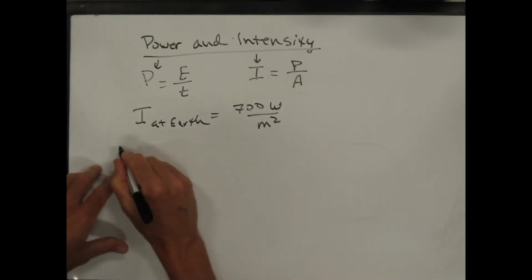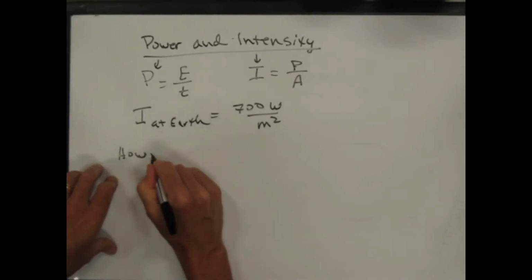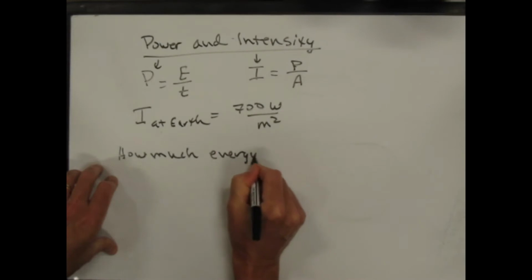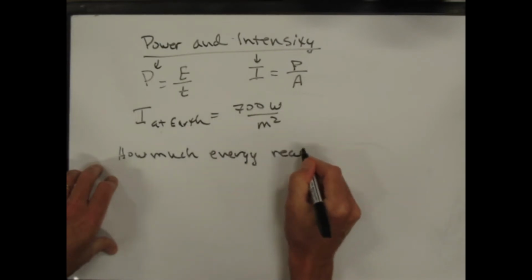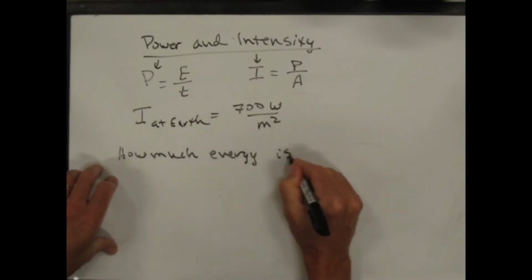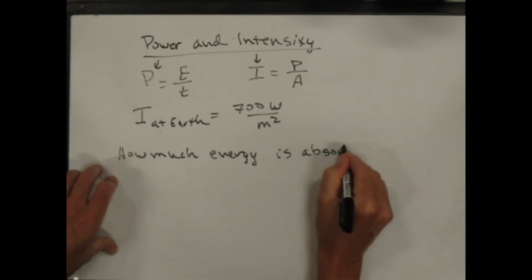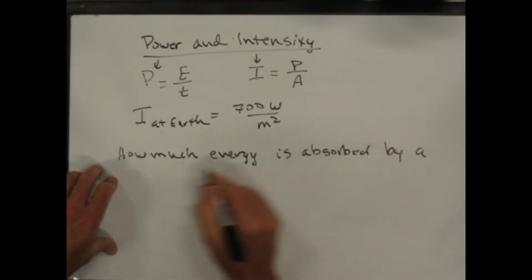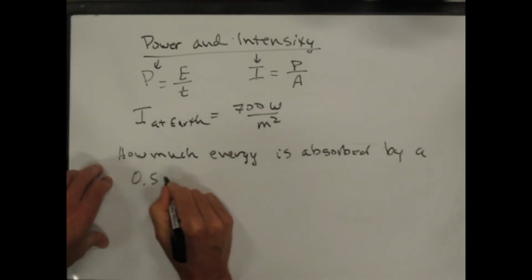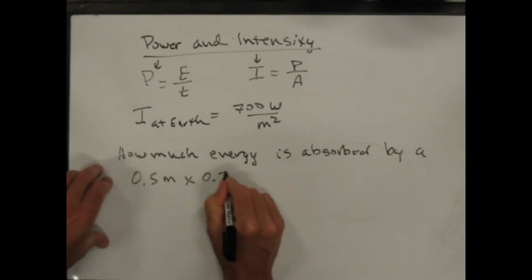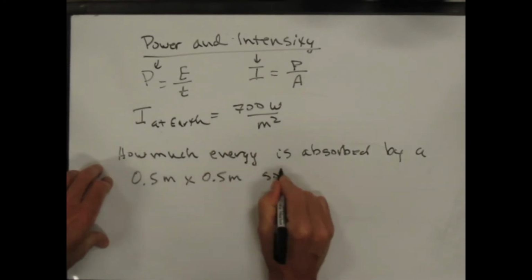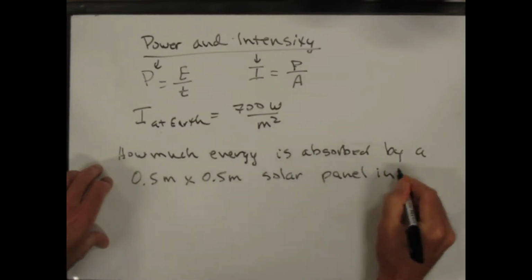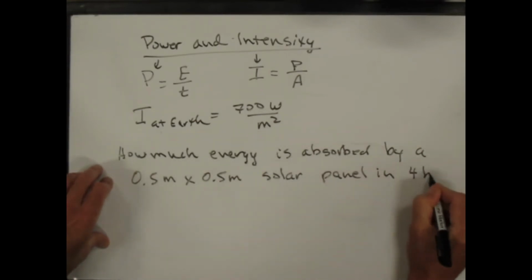And so we can ask how much energy is absorbed by a 0.5 meter by 0.5 meter solar panel in 4 hours.